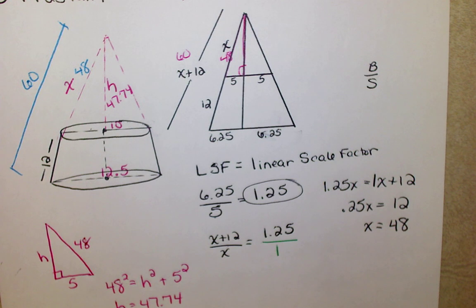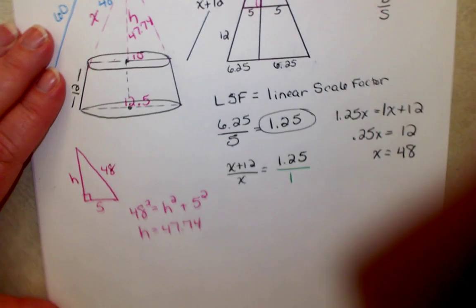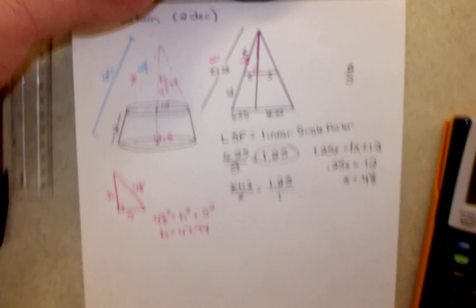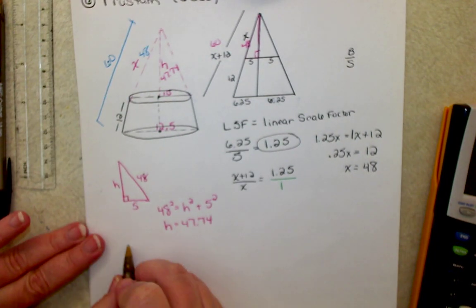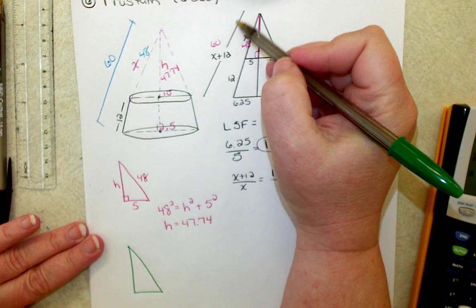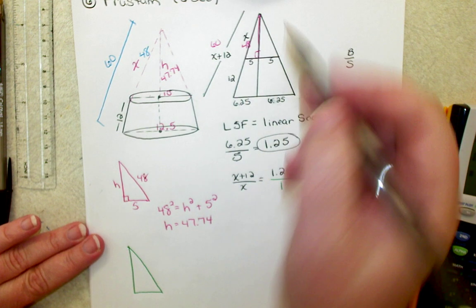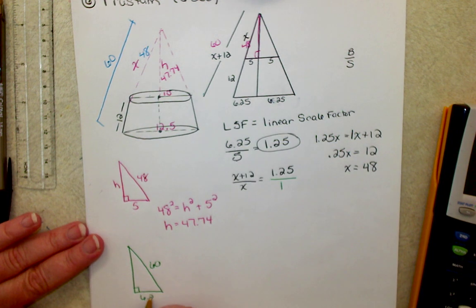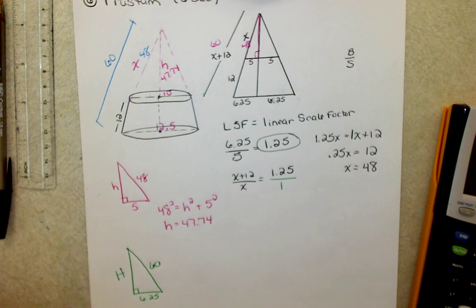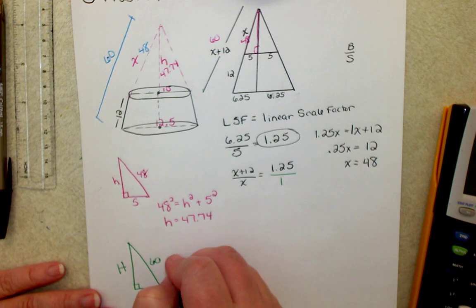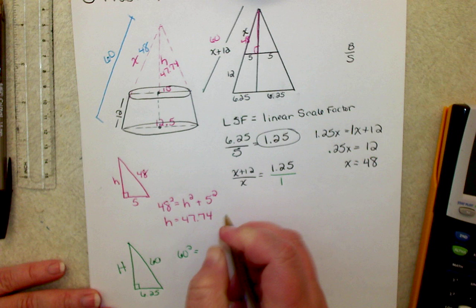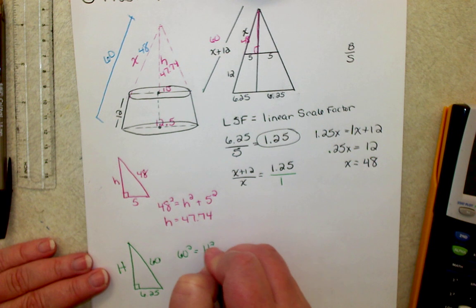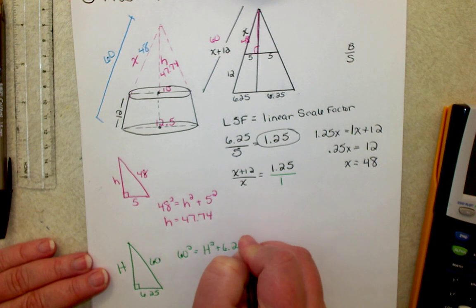Now I need the height of my larger triangle. Let me bring this out a little bit so we can see the whole problem. My hypotenuse is going to be 60. My radius is 6.25, and I'm looking for the height. So hypotenuse squared is equal to the height squared plus 6.25 squared.